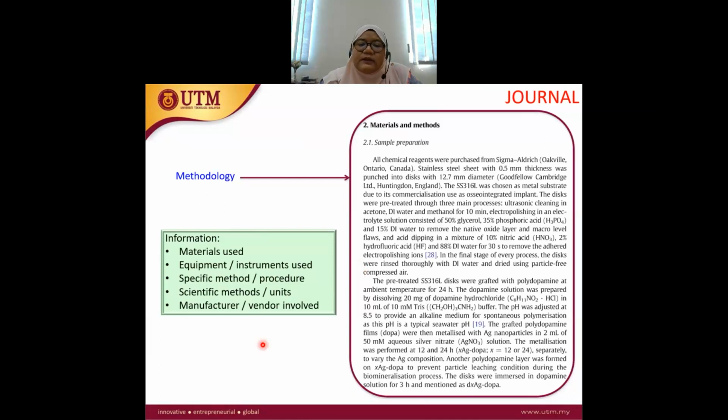They mention the manufacturer, the vendor, and the country, where they bought the scanning electron microscope, and they must put it in the methodology of the research article. Scientific methods or units are an important part also, and the procedure.